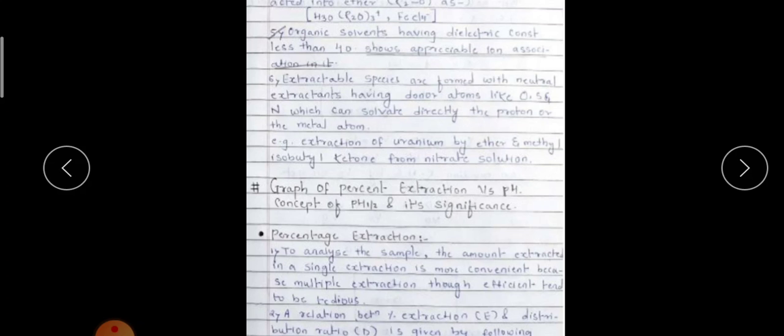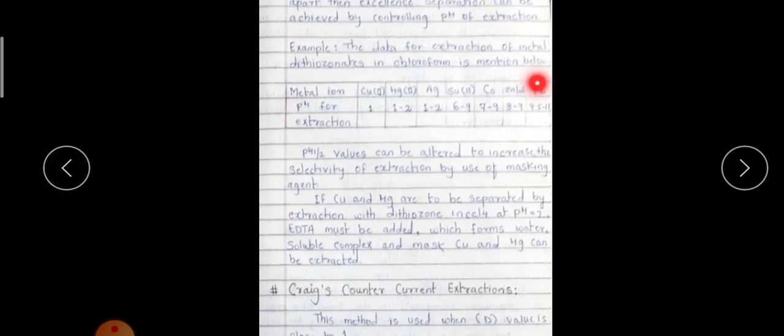What is the concept of the pH half and its significance? pH half is very much important as far as this extraction is concerned, because by knowing the pH half value, the extraction will be excellent, separation will be there, or extraction will be easy. pH half values are very much important.